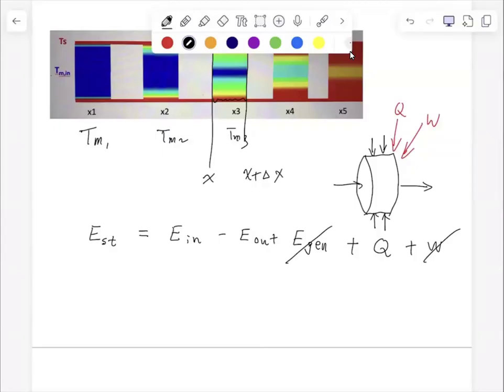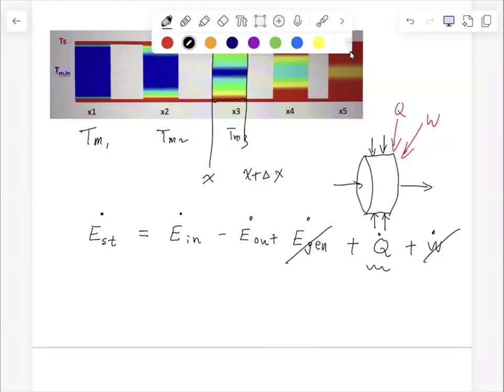In addition to this energy balance equation, we take the rate of everything instead of the total amount of energy. So the rate of the change of the energy, the change of the influx and outflux, and the heat transfer.